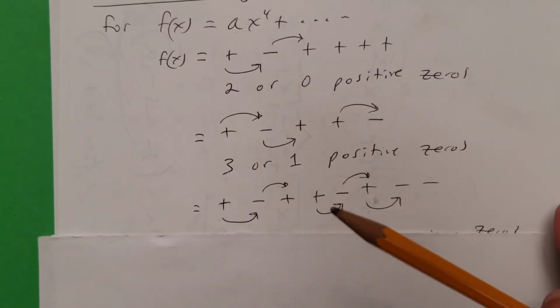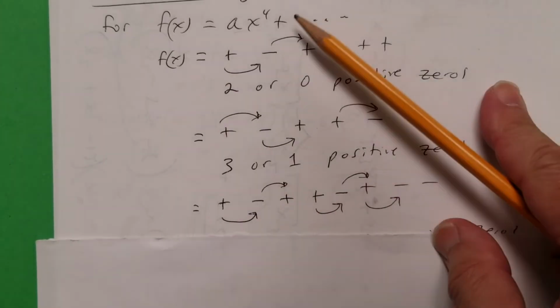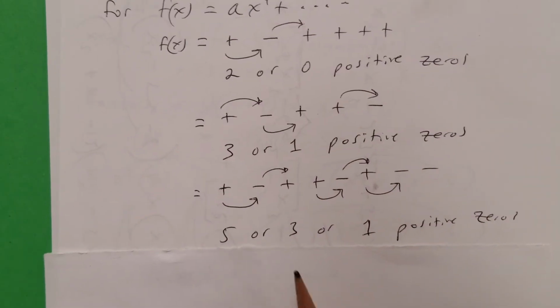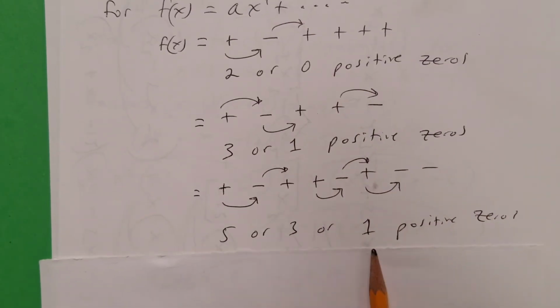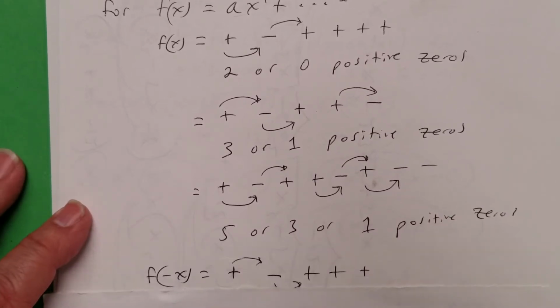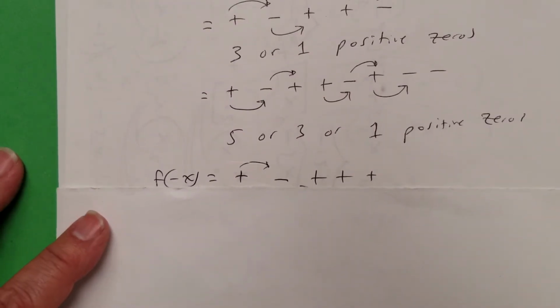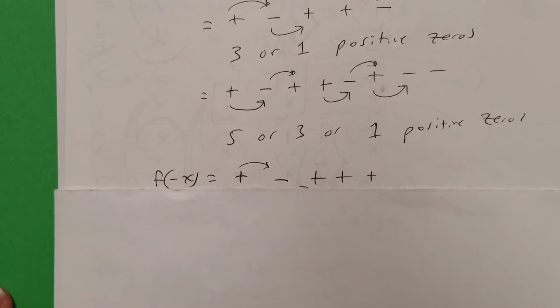What about this one? 1, 2, 3, 4, 5. So you could have 5 or 3 or 1 positive zeros. Wow, they're all positive zeros. Well, there's a way to check for negative zeros, right? Negative intercepts. Remember what 0 means, positive 0.